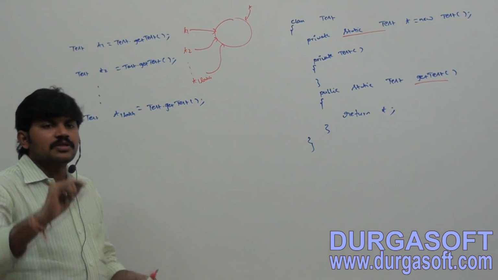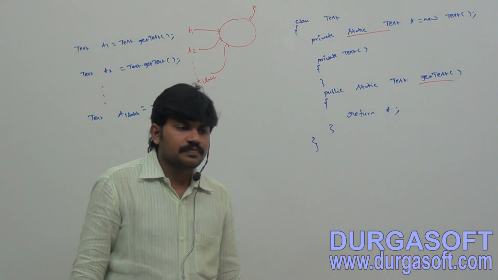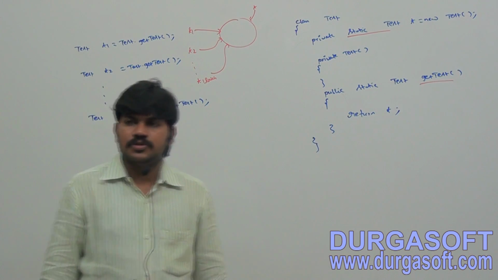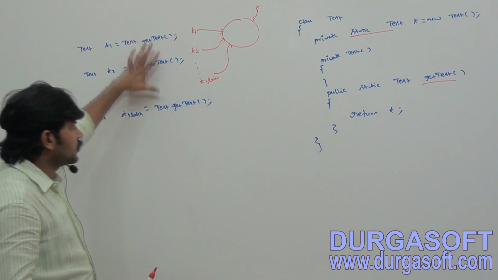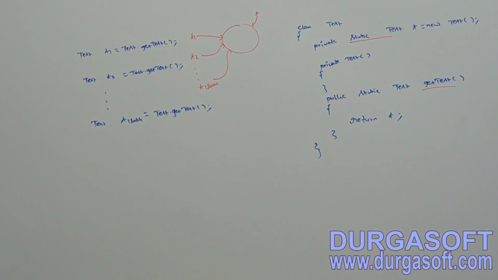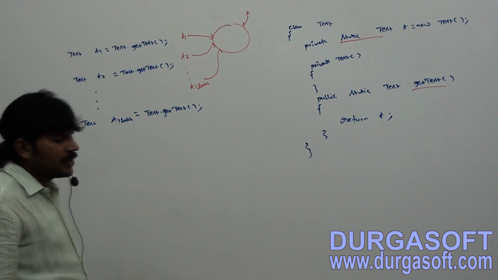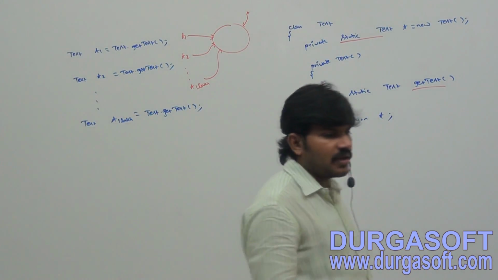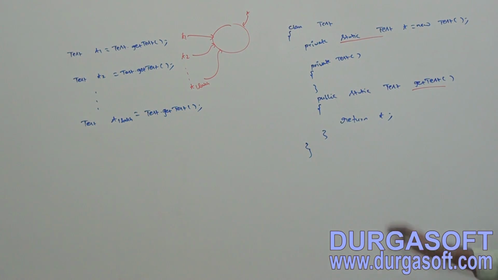Take this example. This is approach 1, how to create our own singleton classes. At the beginning only, one object I will create, and wherever that object is required, happily we can return the same object.